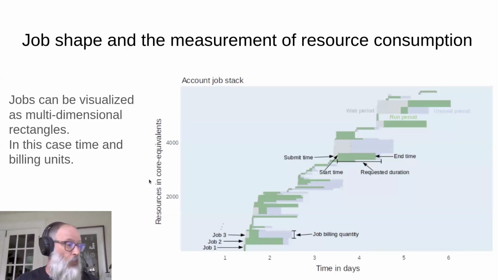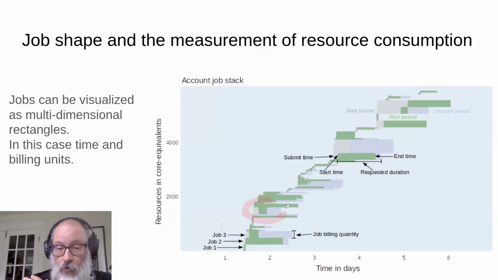So what we're talking about here is a visualization of how we measure the number of resources that are consumed. Jobs can be visualized as multi-dimensional rectangles. In this case, we're talking about a number of resources over time, and then an amount of resources. Each one of these multicolored rectangles is a single job.